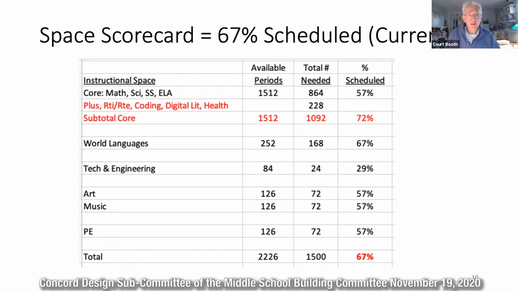I'm not sure of the exact history, but were we to fold in RTI, coding, digital health, and digital literacy and health, which I think is the current plan, that means what happens in the core has just been redefined, and usage now is fully up to 72%. And then the remaining dedicated areas for world language, tech, art, music, and PE have their own yields, if you will, that are outlined here.